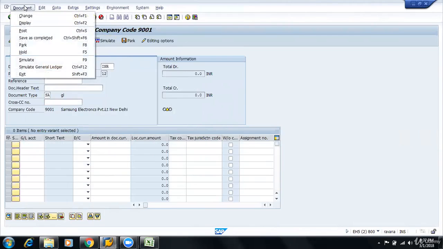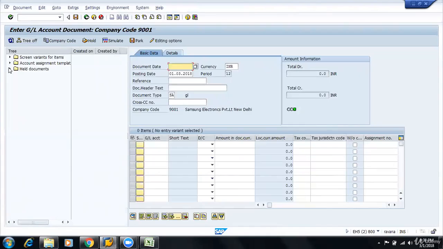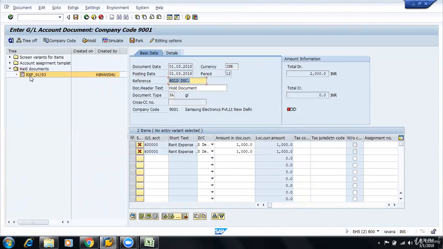Or he can go to the tree on. So I've just reset the transaction. He can go to the tree on and go with the held documents folder, expand the held document folder and double click on this file. So there you are.